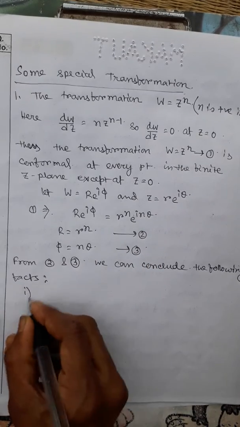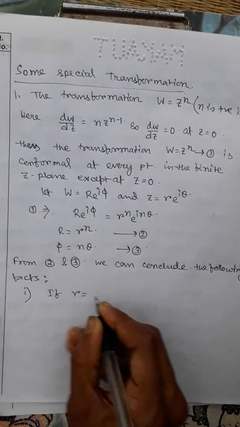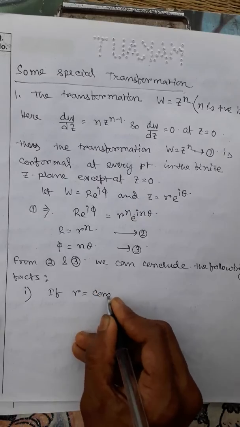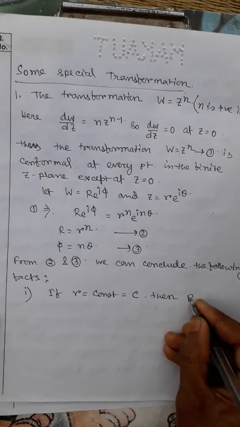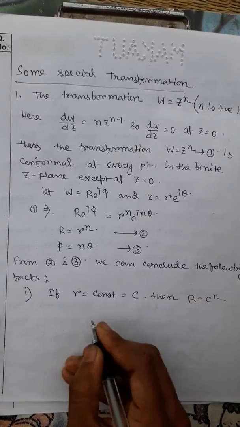Number 1. If r = constant, say C, then R = C^n.